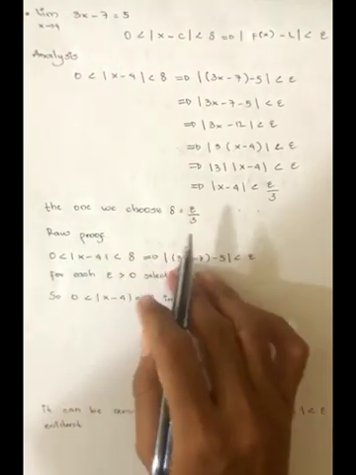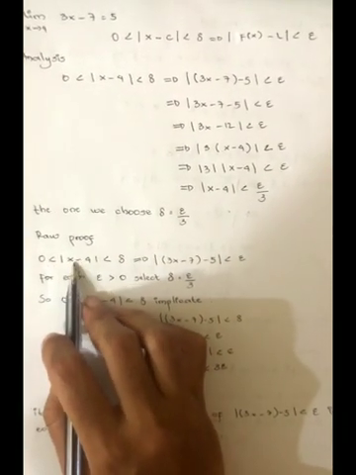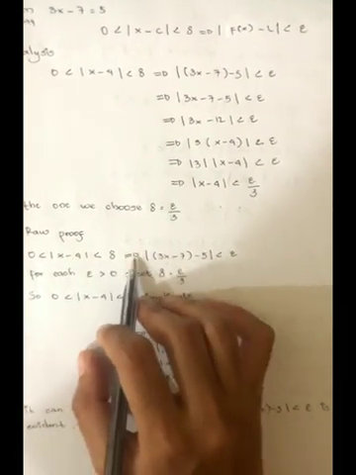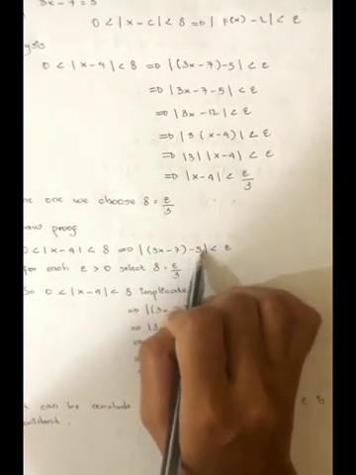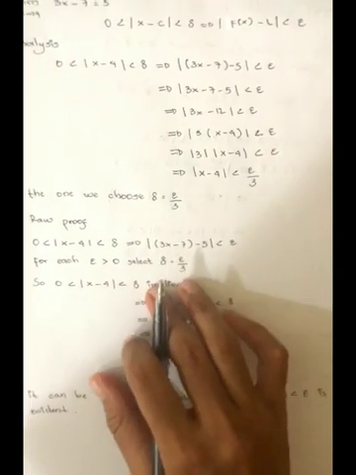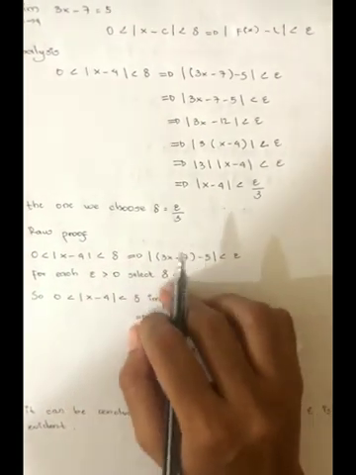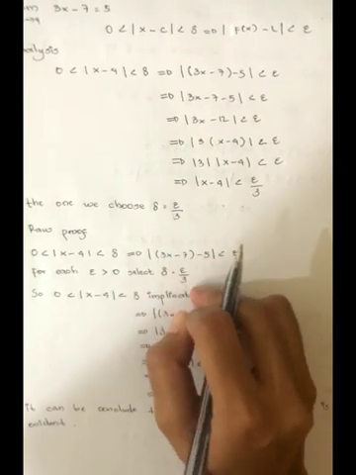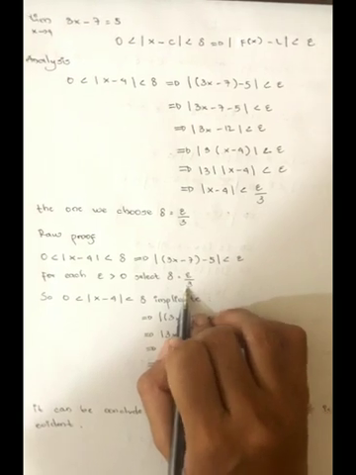Now the proof. We prove that 0 less than |x minus 4| less than delta implies |3x minus 7 minus 5| less than epsilon. For each epsilon greater than 0, we select delta as epsilon over 3.